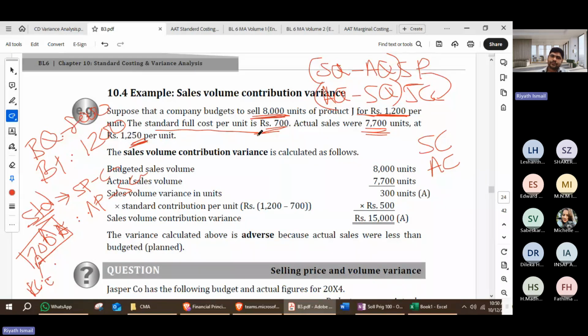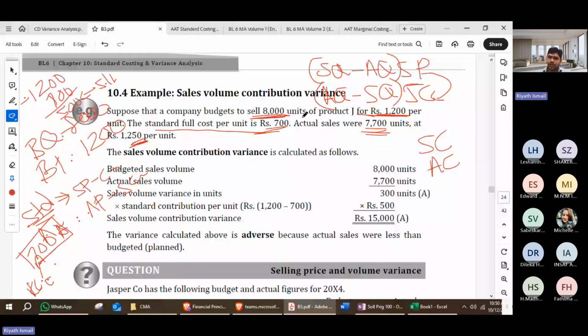We know the budgeted selling price is 1,200 and the variable cost is 700. Therefore the contribution is 500. This is standard, because we take the standard cost.